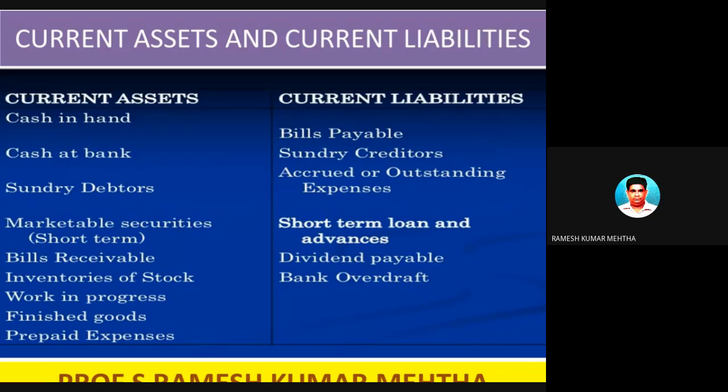Let's talk about the individual items of current assets. Current assets are cash in hand, cash at bank, debtors, marketable securities, bills receivable, inventory of stock, work in progress, finished goods, and prepaid expenditures. These are the majority of the main items of current assets.